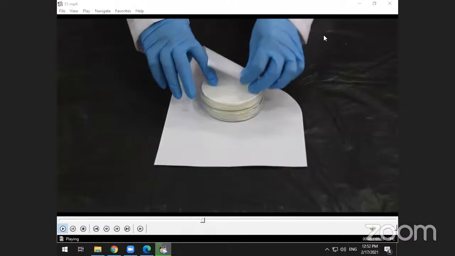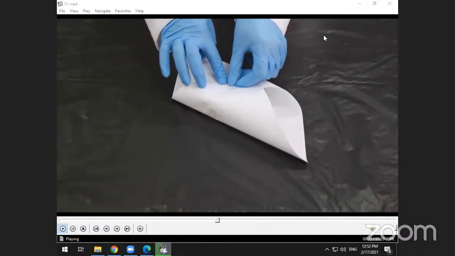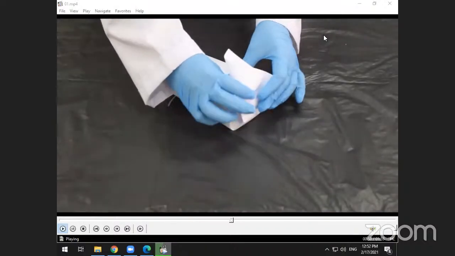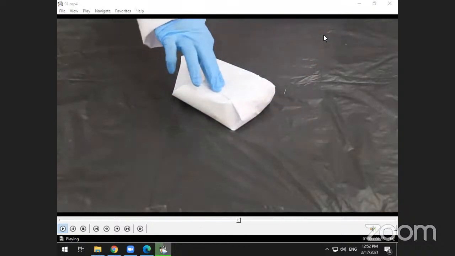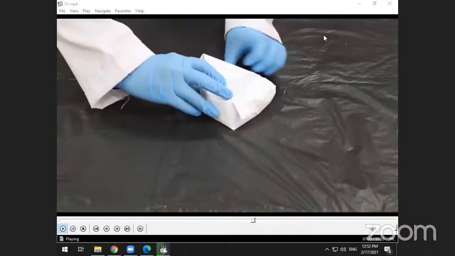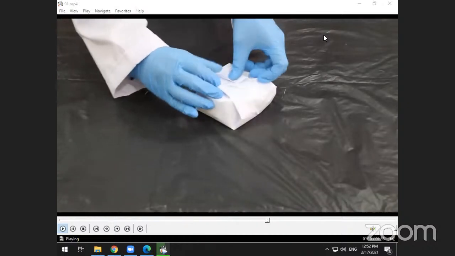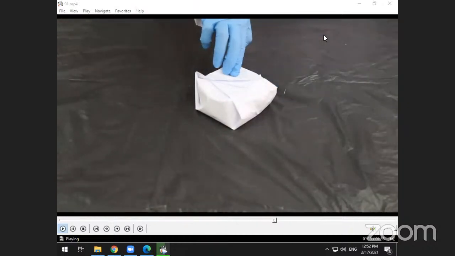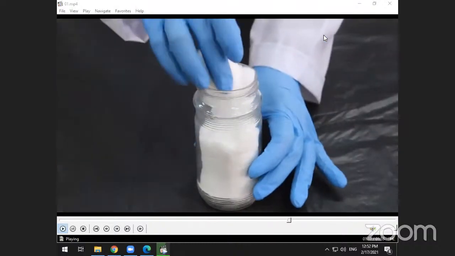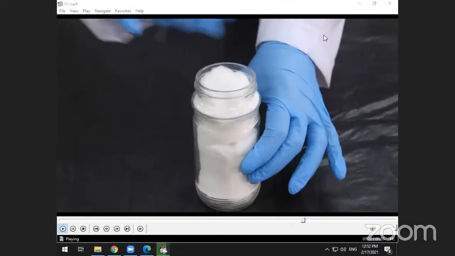Wrap Petri plates. Put cotton in the jars, which will be used to clean the laminar flow hood.